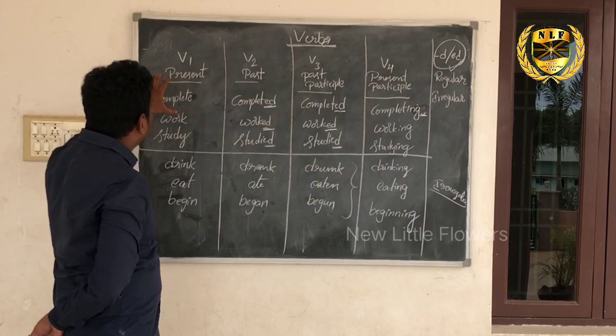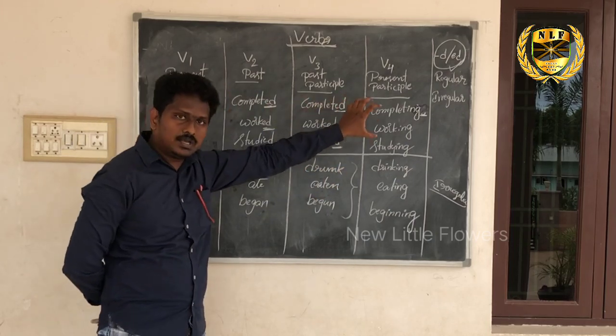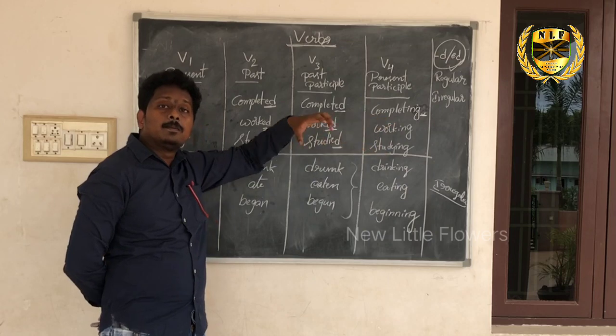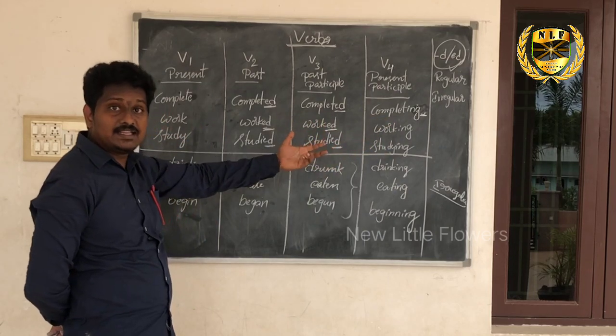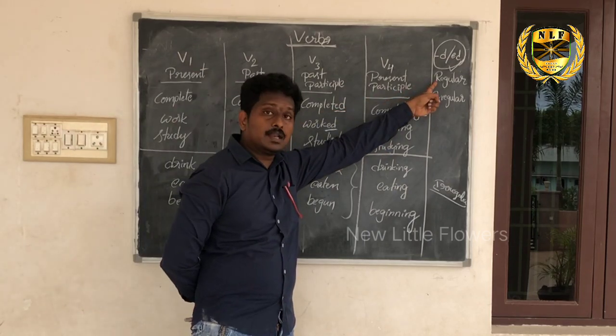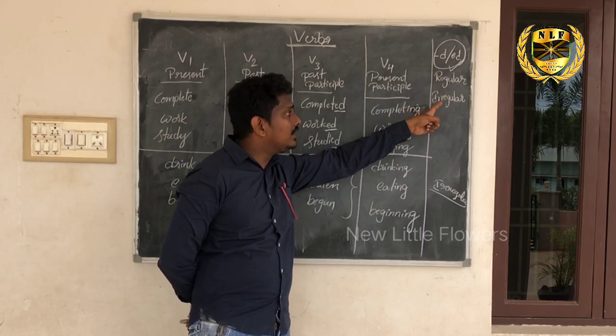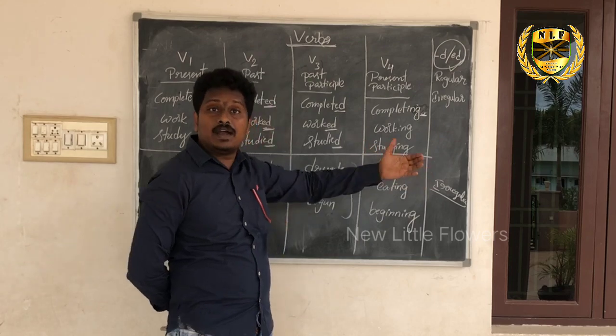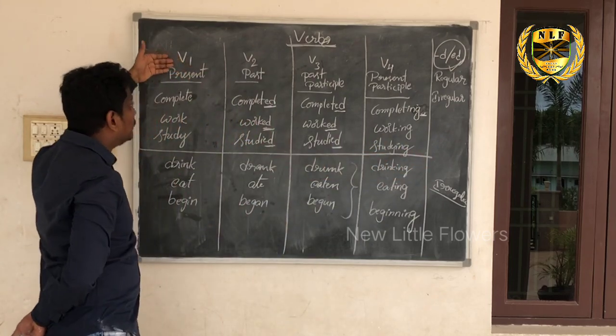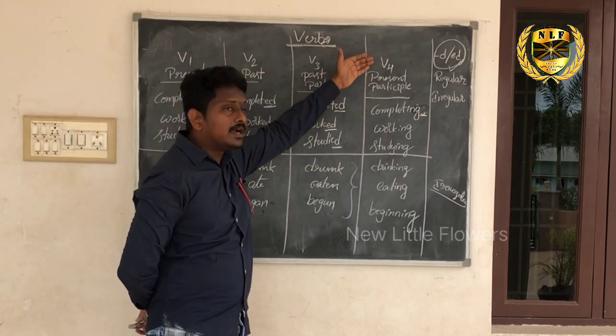Understood? So there are 4 types of verbs. Okay? Mainly verbs are divided into 2 categories. Number 1, regular, and number 2, irregular. These both regular and irregular verbs are divided into 4 categories: V1, V2, V3 and V4.